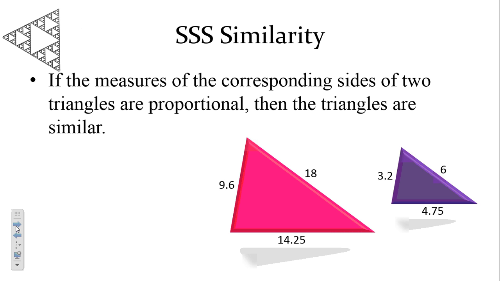So I think of Goldilocks and the three bears here. Okay? If I want to show that these are similar, I need to look for Papa Bear, Mama Bear, and Baby Bear. So first of all, are we using hot pink over purple or purple over hot pink? Big over small, hot pink over purple, whichever way you want to think of it.